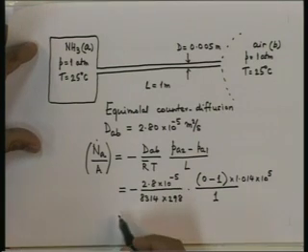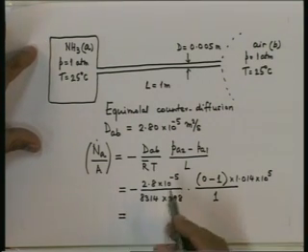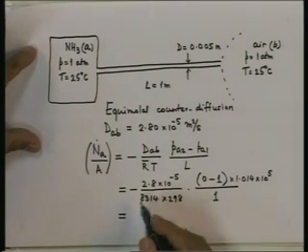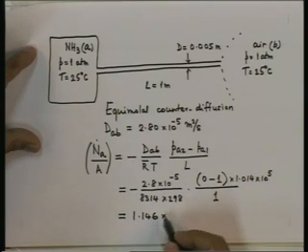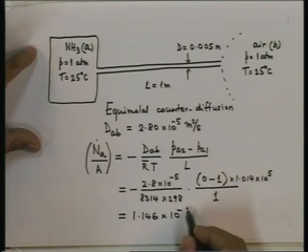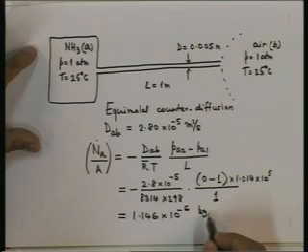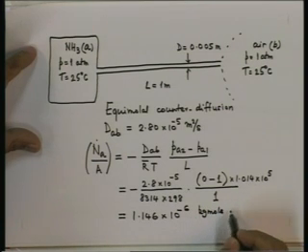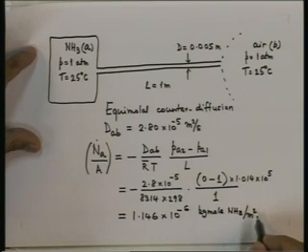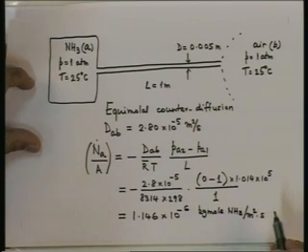Now, this gives us the value of the molar flux of ammonia as 1.146 into 10 raised to minus 6 kg mole of ammonia per meter square per second.